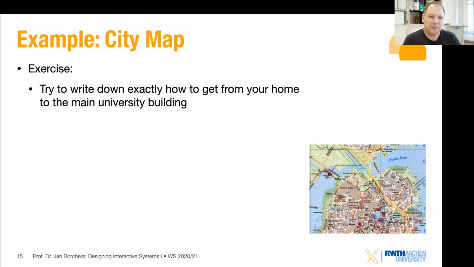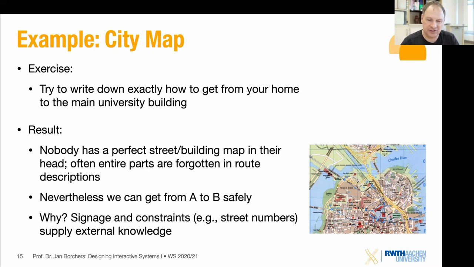So what you probably noticed, as you were trying to sketch this out, is that if you look back at it, you can maybe open up Google Maps and verify what you did. You'll probably find that you actually left out maybe often entire parts of a route, or a street crossing.